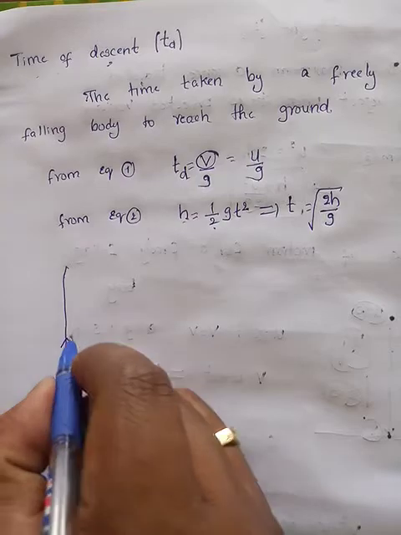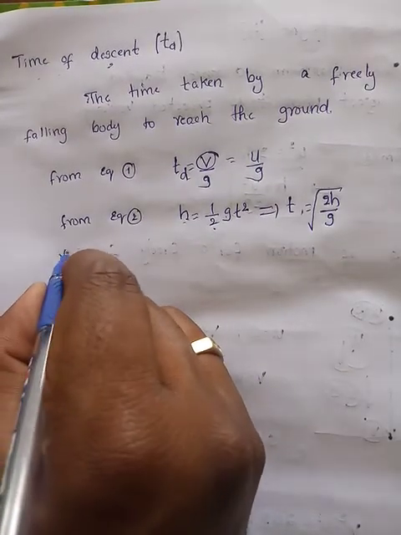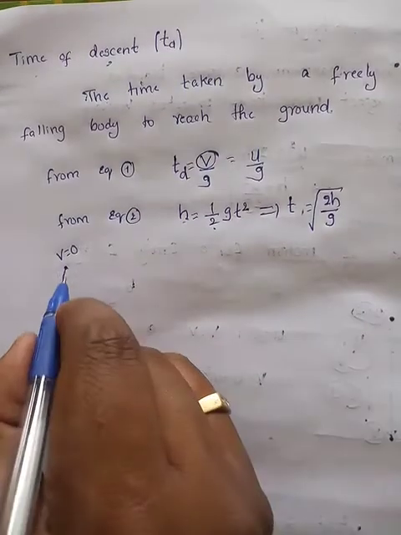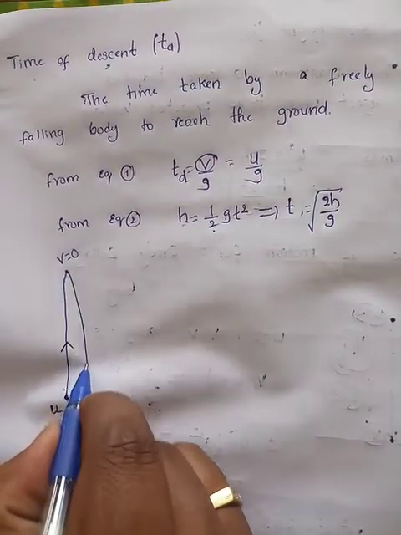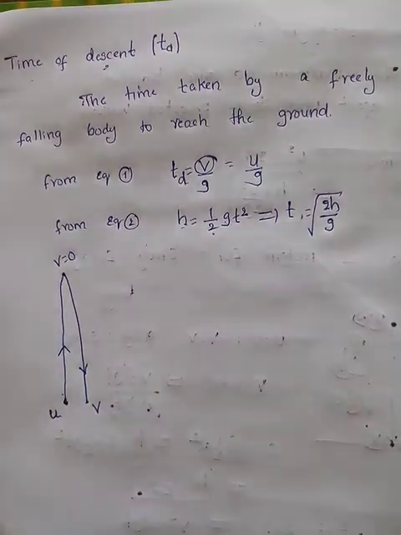It reaches the top, meaning the velocity decreases and finally comes to 0 here. Now after reaching here, it should fall and strike the ground with some velocity v.